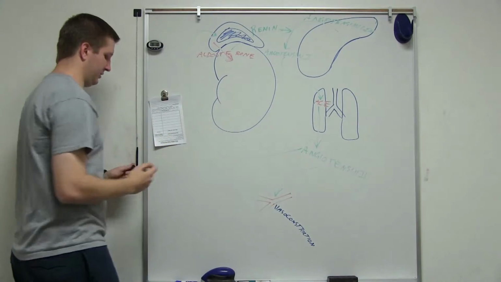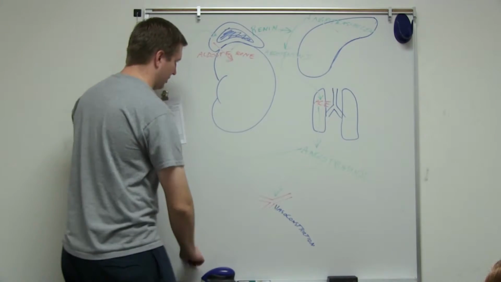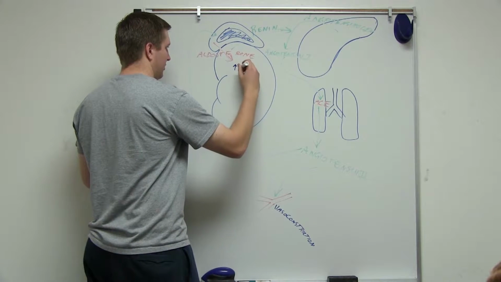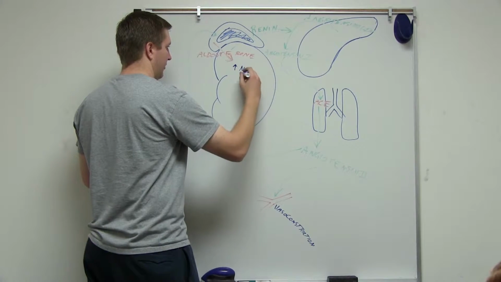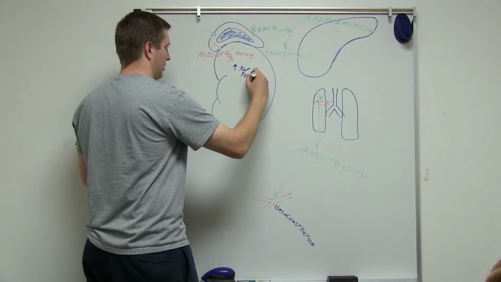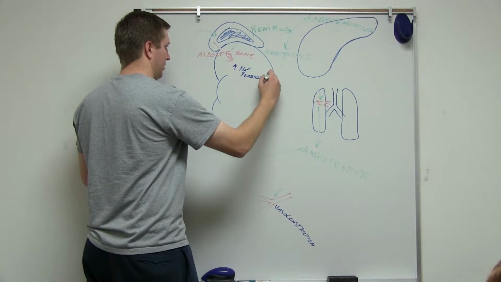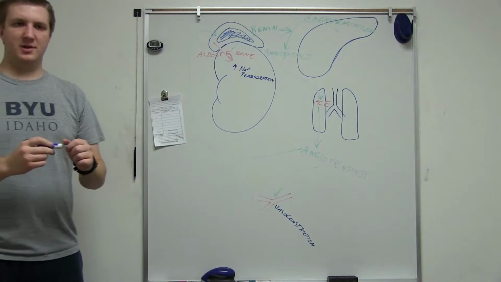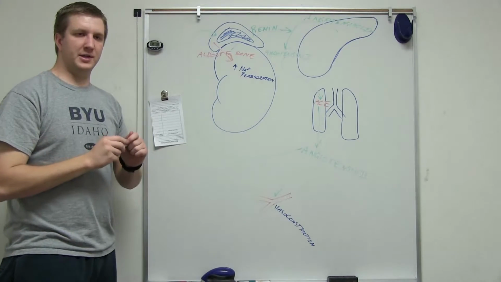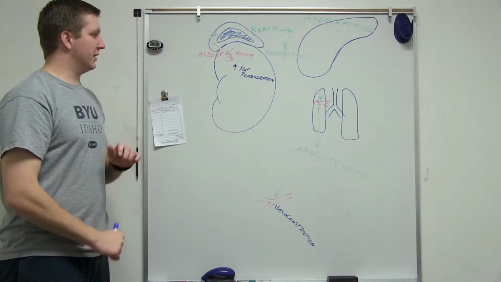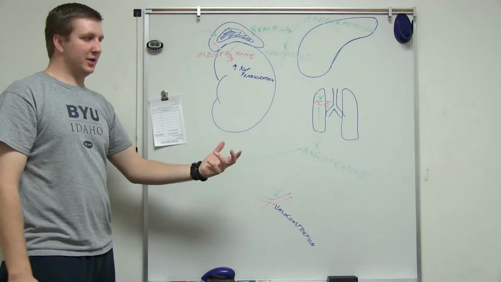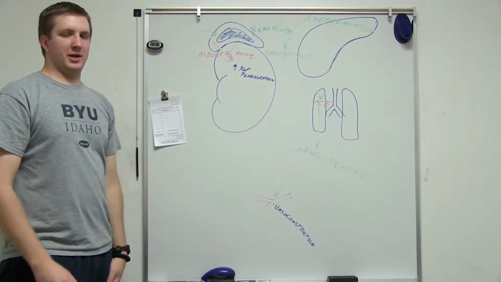It tells the kidneys to increase sodium reabsorption. Why do we want increased sodium reabsorption? More water. Water follows salt, right? Water follows solute. So if we reabsorb more sodium back into our blood, we're going to reabsorb more water back into our blood too.